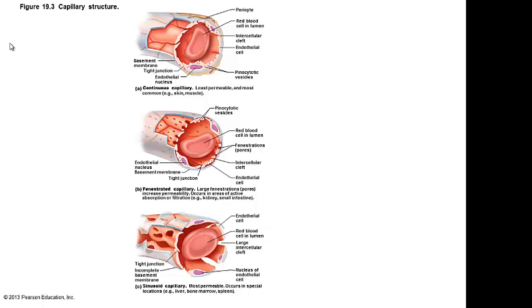So what kind will be in the brain? Fenestrated capillaries? No, continuous capillaries. So they're less permeable. Well, they're more selectively permeable. But it just says there, so it's less permeable. Right. Much more selective about what's going to pass by.